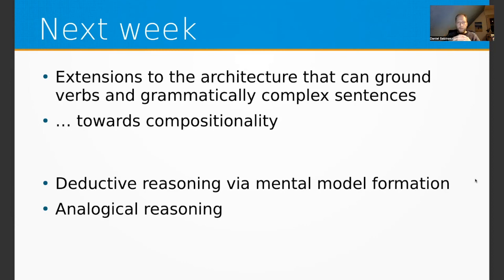Yeah, and that will actually be the main part of next week, but I also want to give a glimpse at some other work that has been done in the grounded cognition tradition. One of them is a deductive reasoning model, which employs what's referred to as mental model formation. So that's a model that can account for how we can make logical inferences in particular deductive reasoning paradigms.